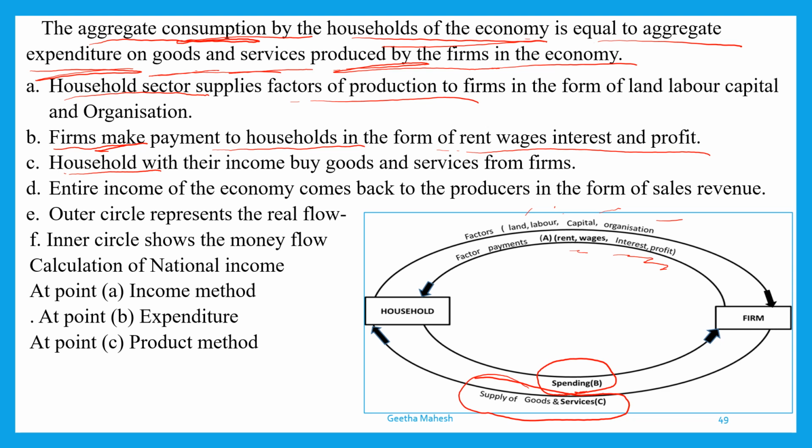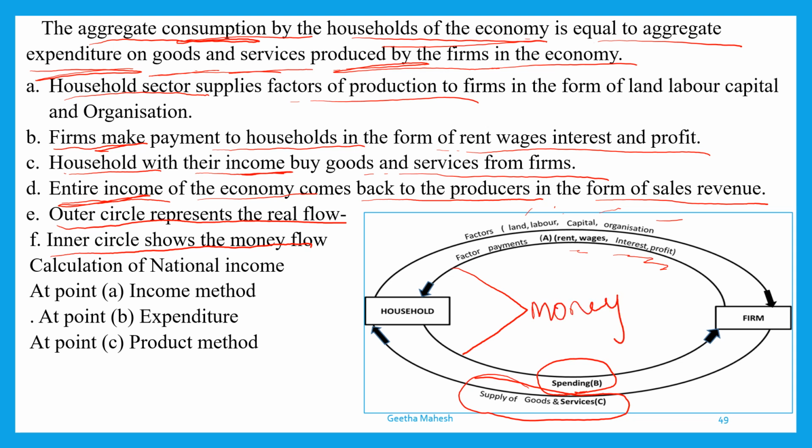The household sector, that is households with their income, buys goods and services from the firm, and the entire income of the economy comes back to the producer in the form of sales revenue. The outer circle represents the real flow and the inner circle shows the money flow. So the inner circle shows money flow, and the outer circle shows real flow.